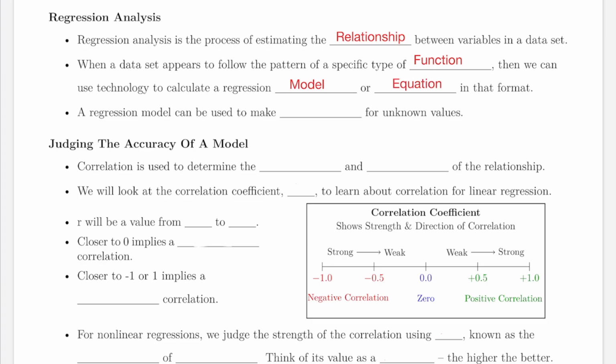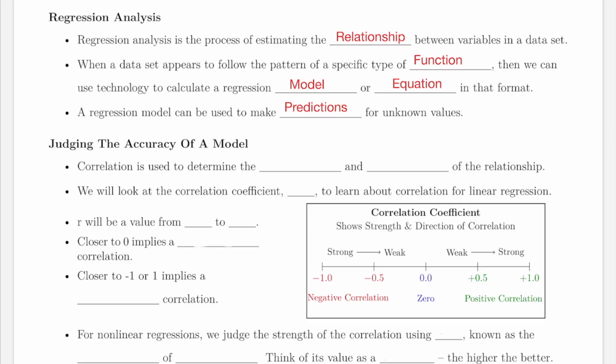In that last case, our model would be a linear model because we could make a line. The regression model can be used to make predictions for unknown values. Like if I want to know how much pizza I would want to order if I was going to have 15 people, I can use my past data to make a new prediction.